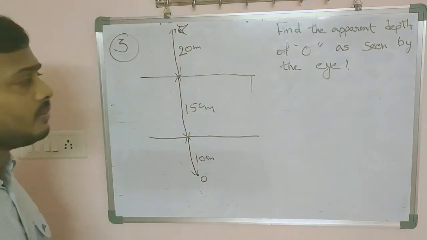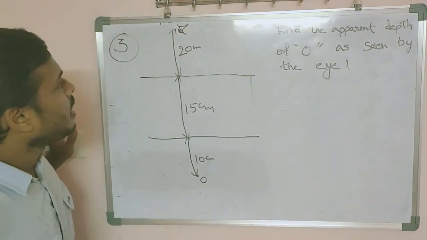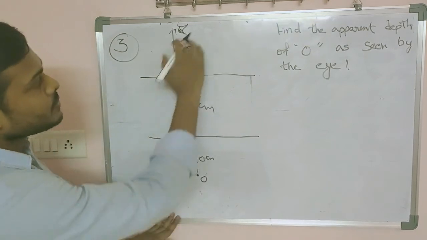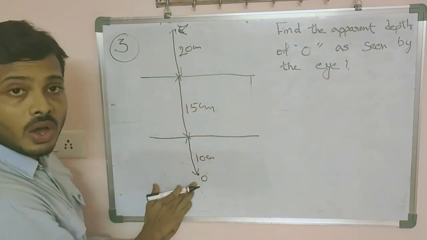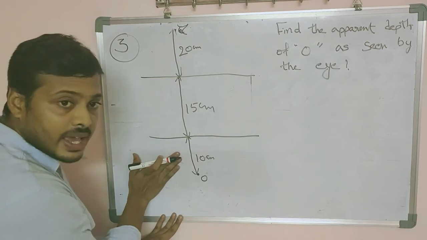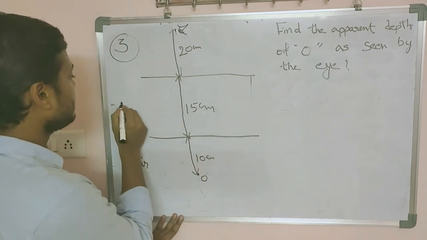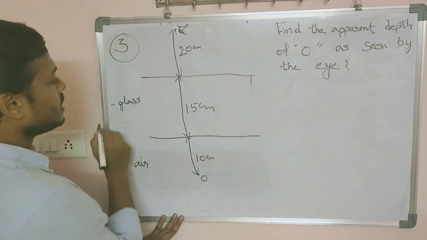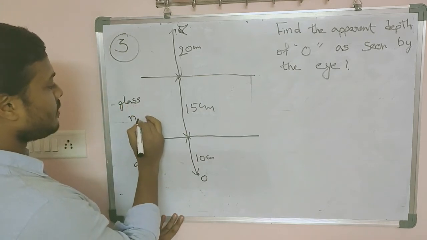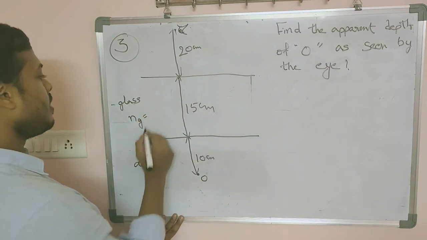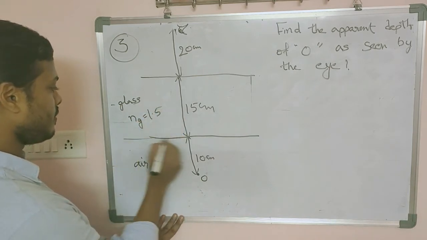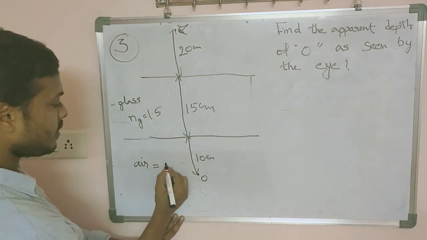In this question, the problem is there are three mediums between the eye and the object. One is air, this is air medium, this is glass, whose refractive index is 1.5, and air refractive index is 1.